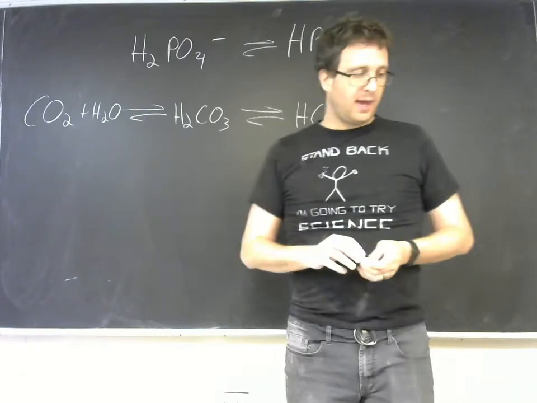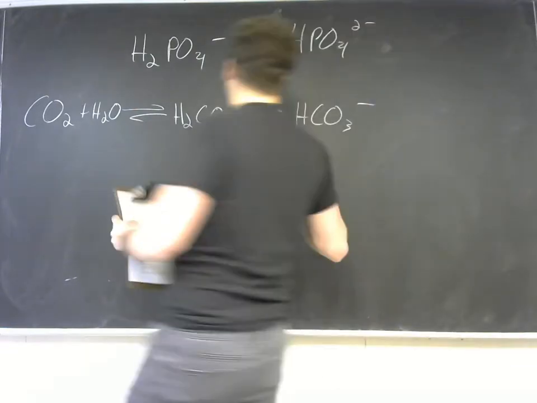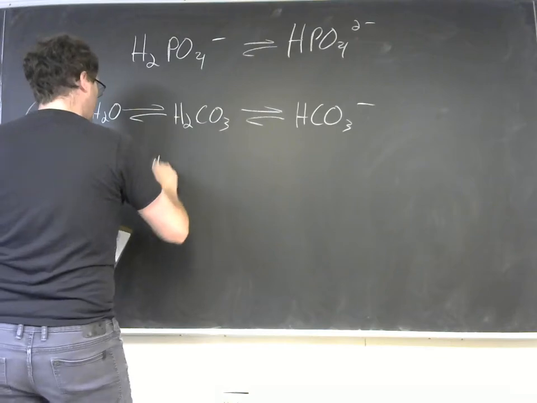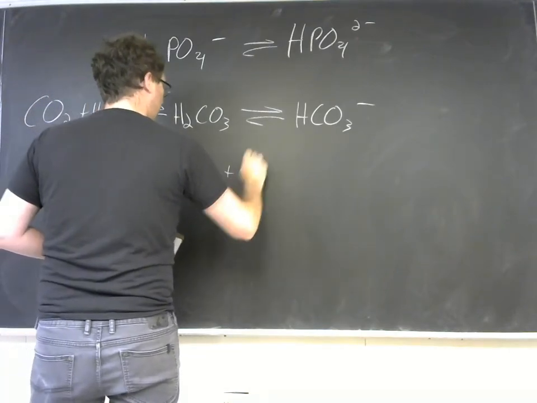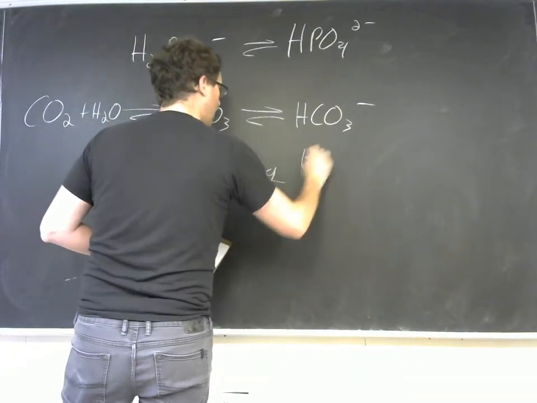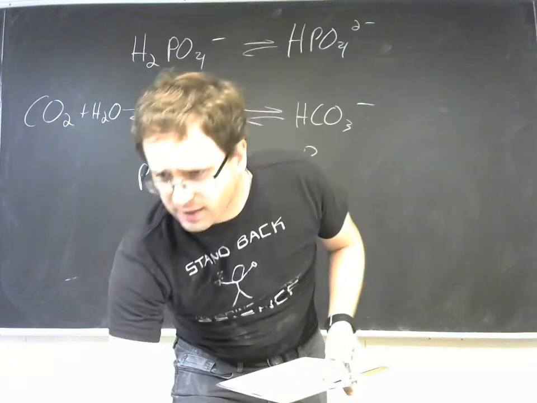Anyway, I'll write the Henderson-Hasselbalch equation up here again because it is important. pH is equal to the pKa plus the log of base over acid. Let's do one quick practice problem. I'll erase up here.